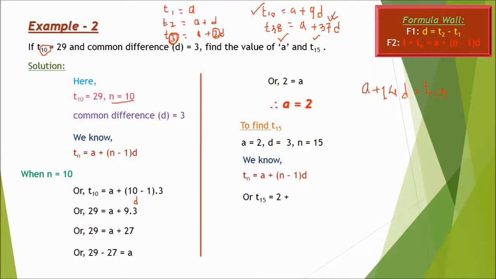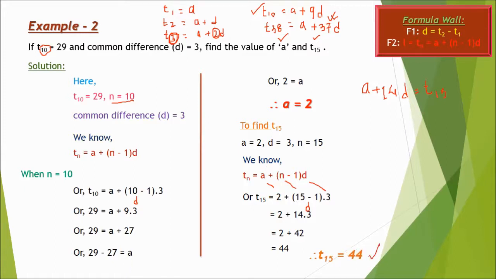Now for t15, n is replaced by 15, a by 2, and d by 3. Putting the values, 2 plus 14 times 3. We can omit this step if we know. Then 2 plus 42, the value will be 44, and therefore t15 is 44.